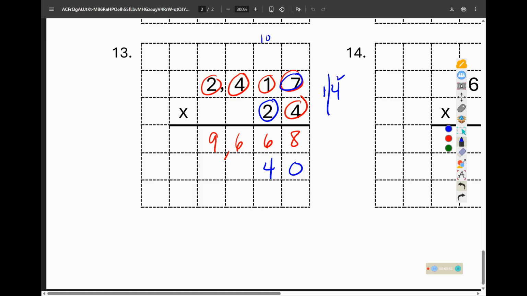Now, I just multiplied the 7, so when I regroup, this 1 needs to go above the next number. 2 times 1 is 2, plus 1 is 3. 2 times 4 is 8, and 2 times 2 is 4.